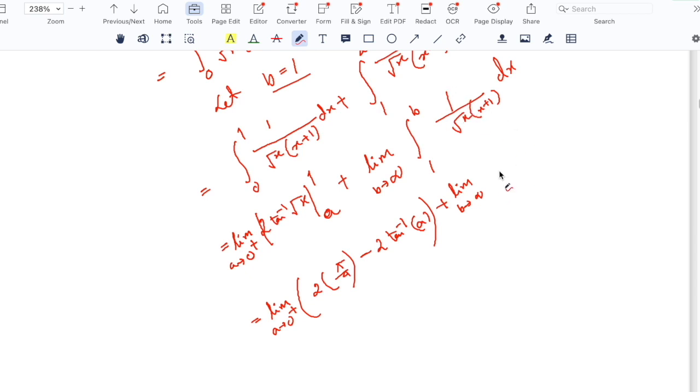this integral we know 2 tan inverse root x from 1 to b.